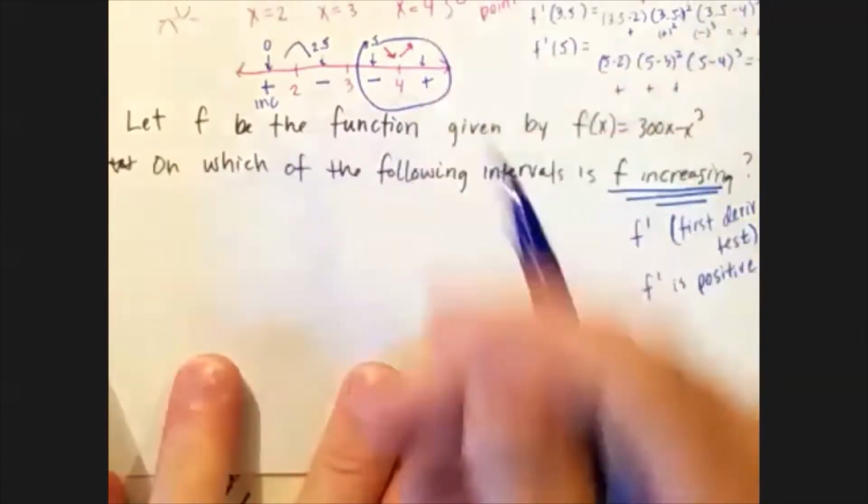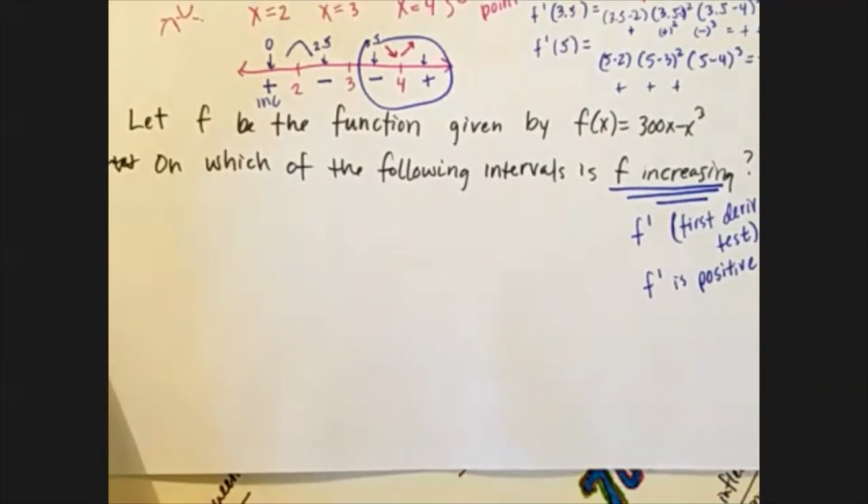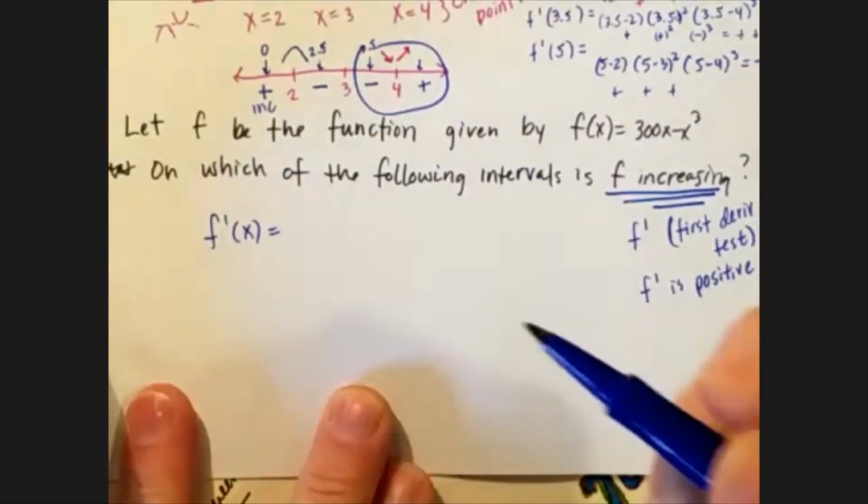So for this one, we can get started, and then I might move past this one. Let's go to India. Really quickly, what's my first step? Find a derivative. Yep, what is it?